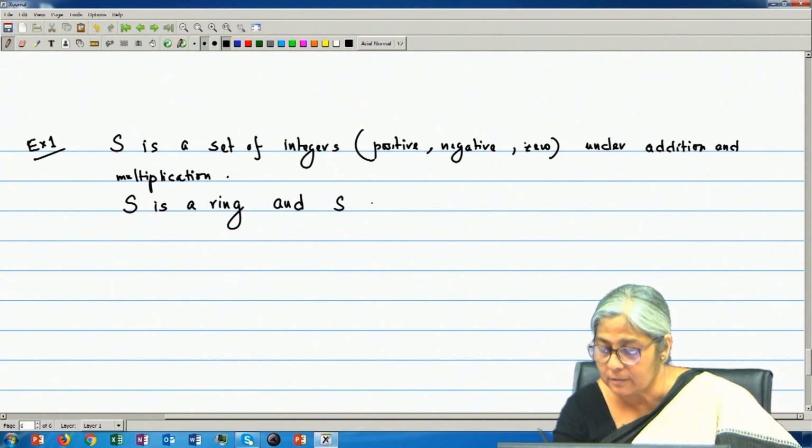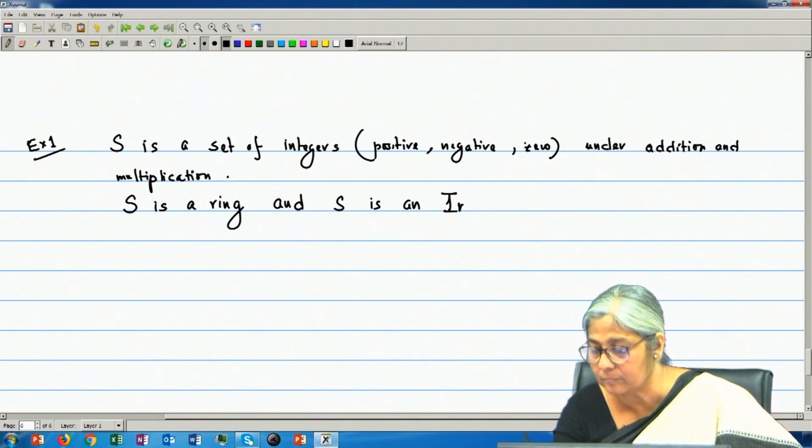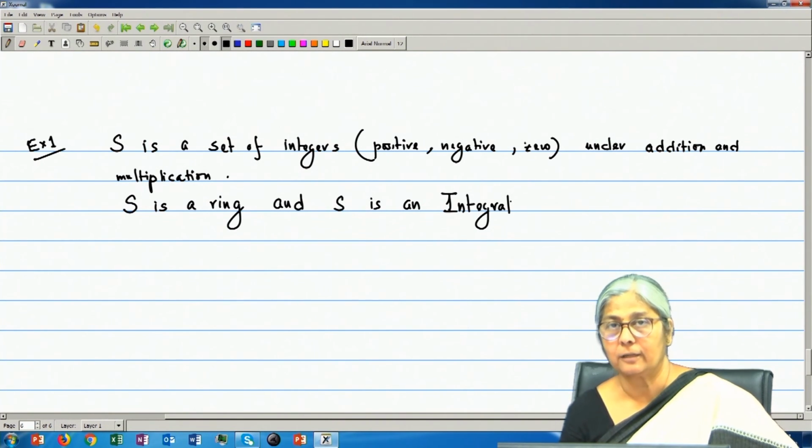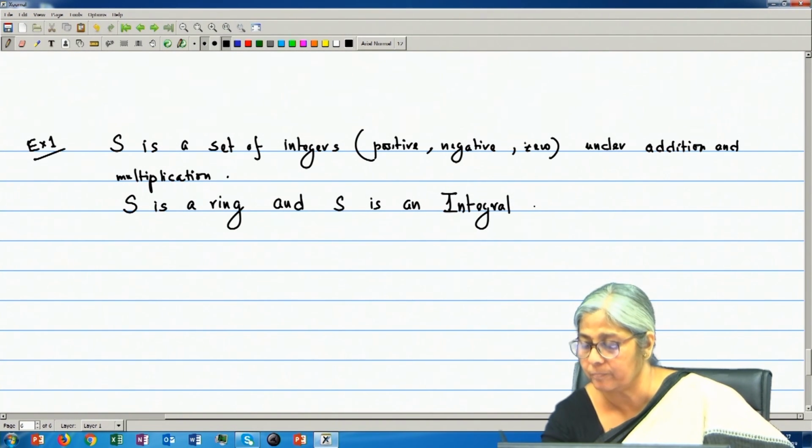So, S is an integral domain. That means, it is a commutative ring with multiplicative identity and with no zero divisors.